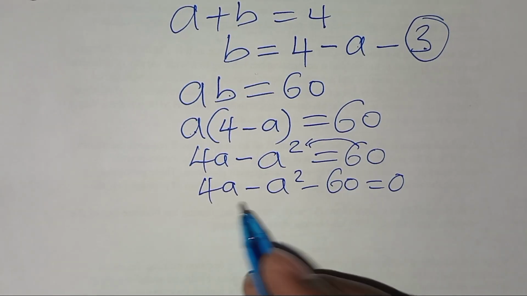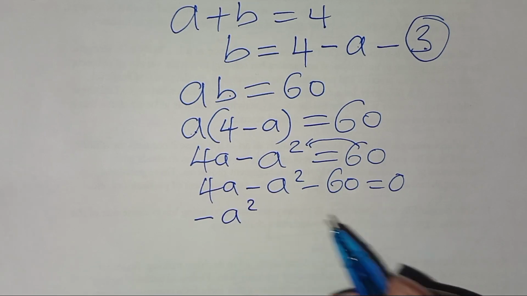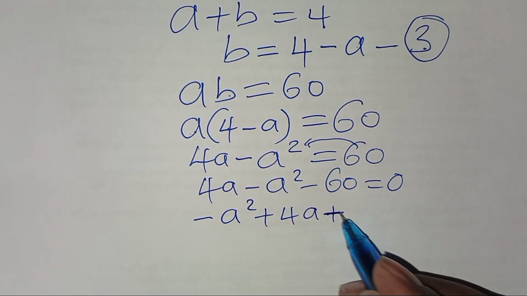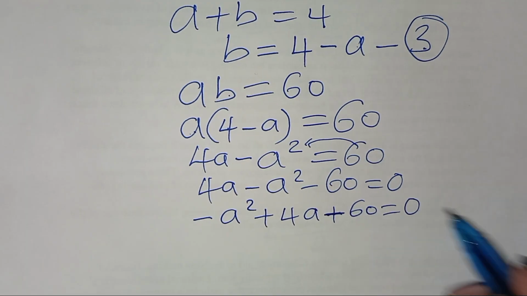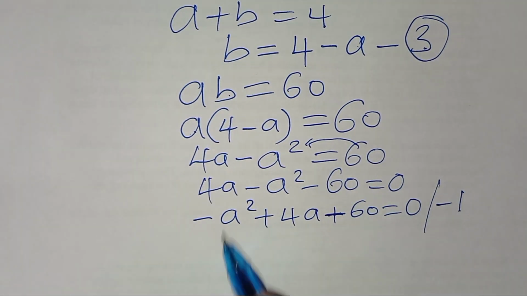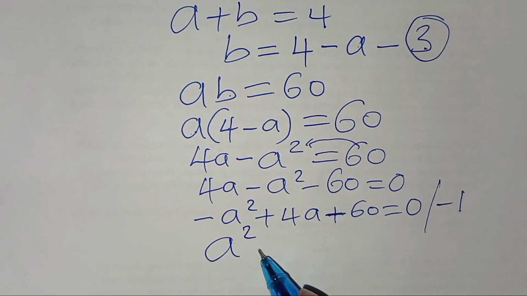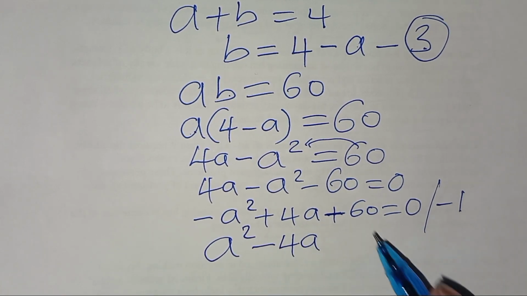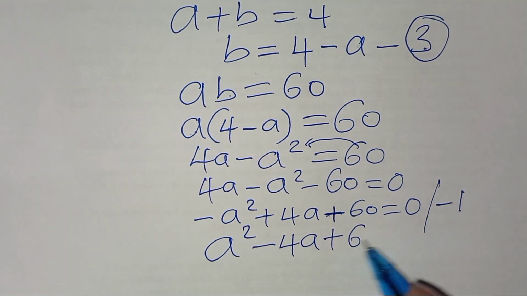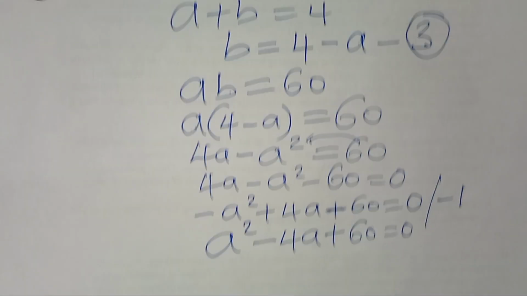Now, rearranging this equation, we'll have negative A squared plus 4A subtract 60, equal to 0. All right, so let's multiply both sides by negative 1, so that we have A squared subtract 4A, and negative times negative is plus 60, equal to 0.